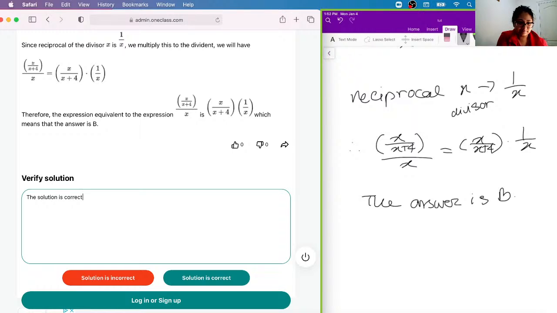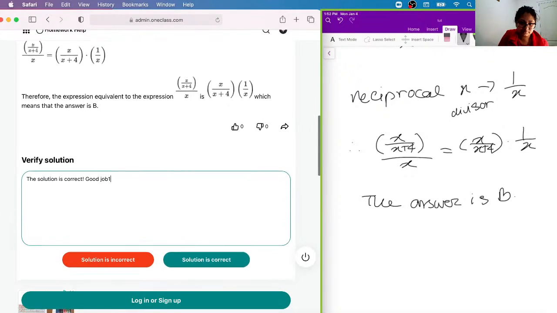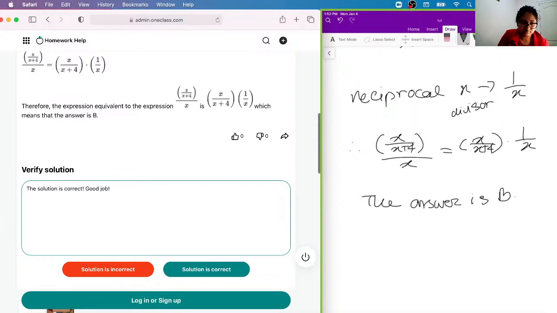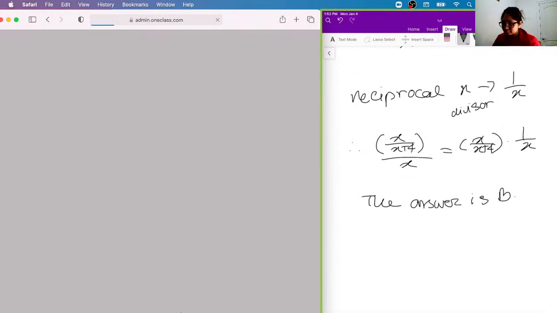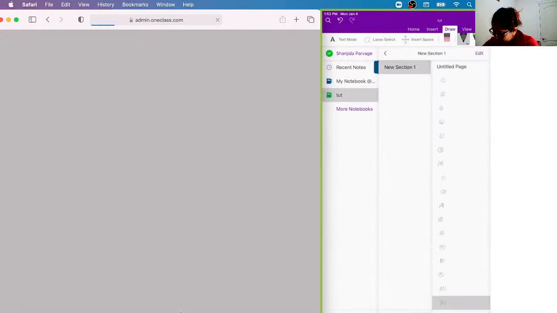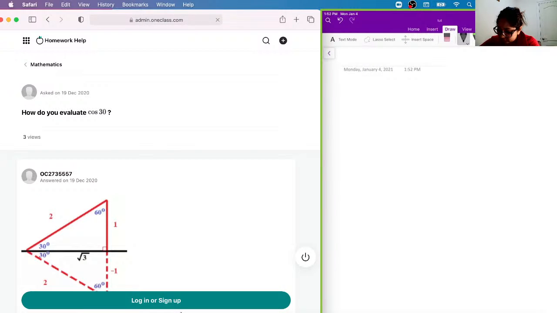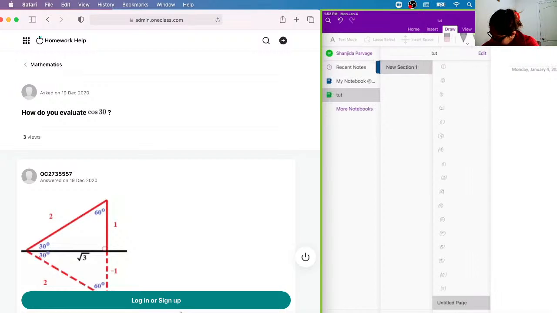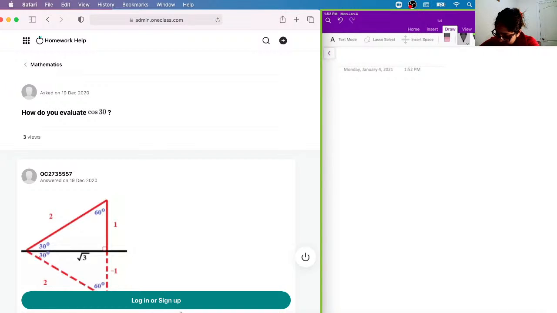Next question. We have our next question, and it says how to evaluate cos of 30.